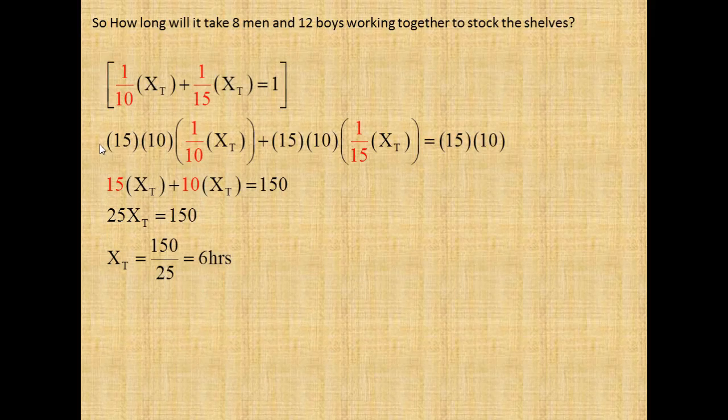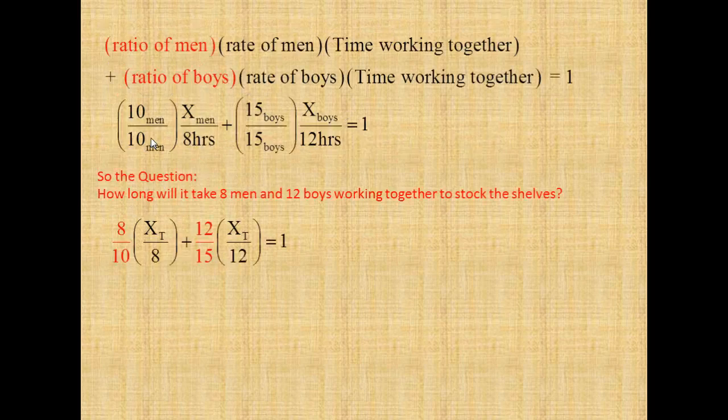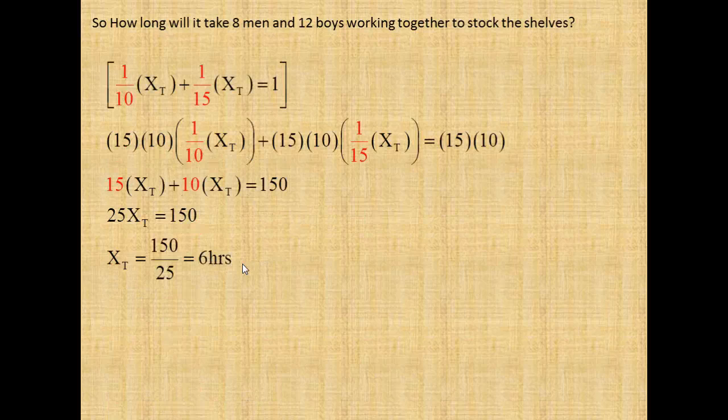As we saw in the previous problem, 8 cancels 8 and 12 cancels 12. That leaves us with 1/10 times Xt plus 1/15 times Xt, where Xt equals the total time.